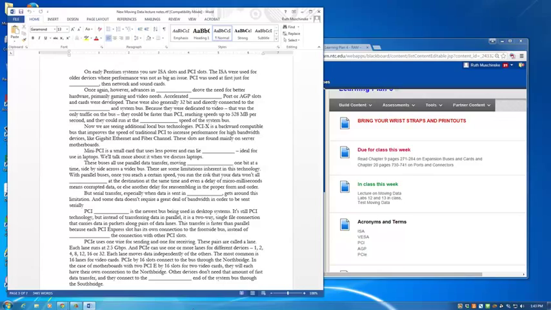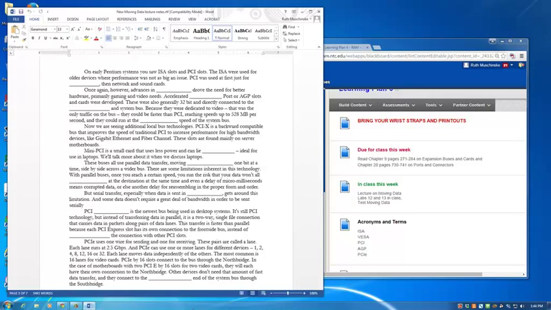With parallel data transfer, once you reach a certain speed, you run the risk that your data won't all arrive at the destination at the same time, and a delay of even a millisecond means corrupted data, or else another delay for reassembling the data in the proper form and order. But serial transfer, especially when data is sent in packets, gets around this limitation. And some data doesn't require a great deal of bandwidth in order to be sent serially.